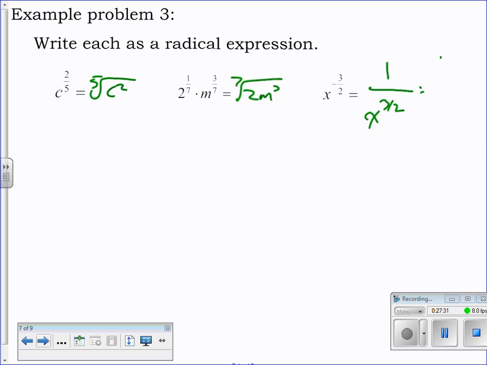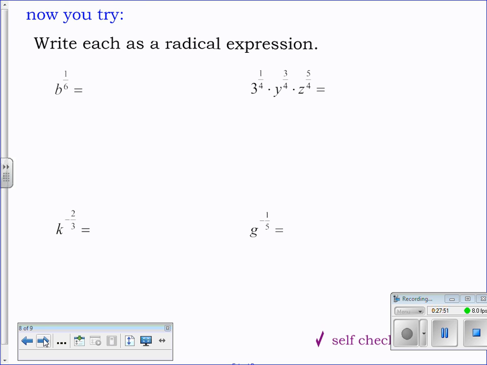So that's 1 over the square root of x cubed. Okay. Denominator gives me my radical. My numerator gives me my exponent. Okay. Questions? Do those.